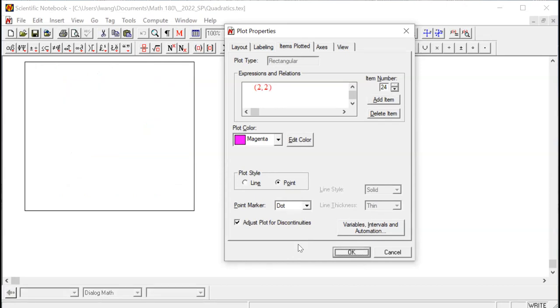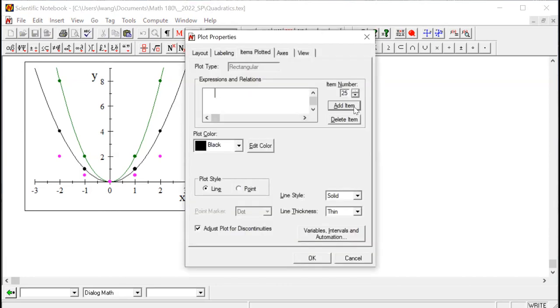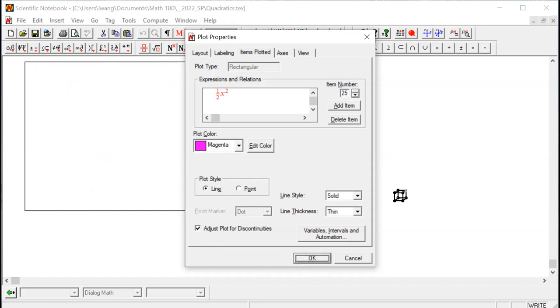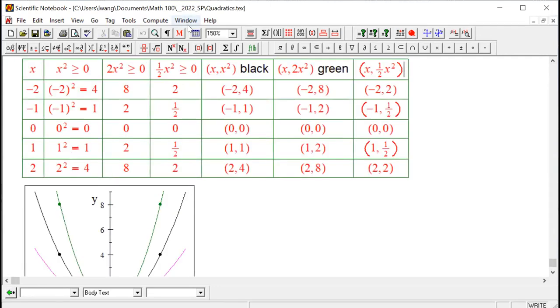Look at that. You see for the same input, the output is halved. So if we connect the purple dots, okay, we got half x squared. Okay, so this is our purple.